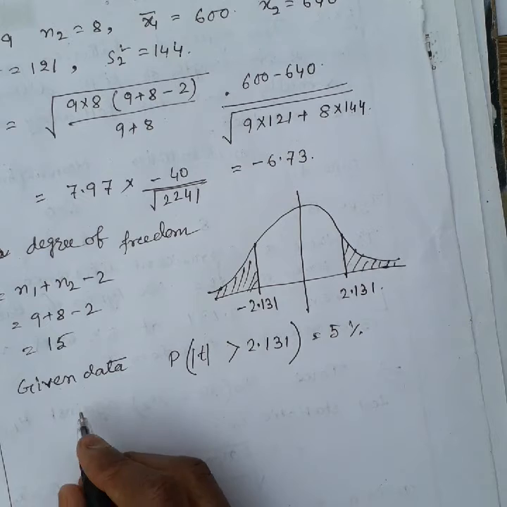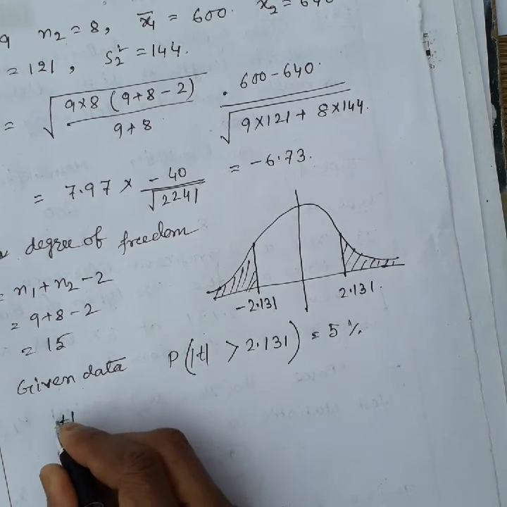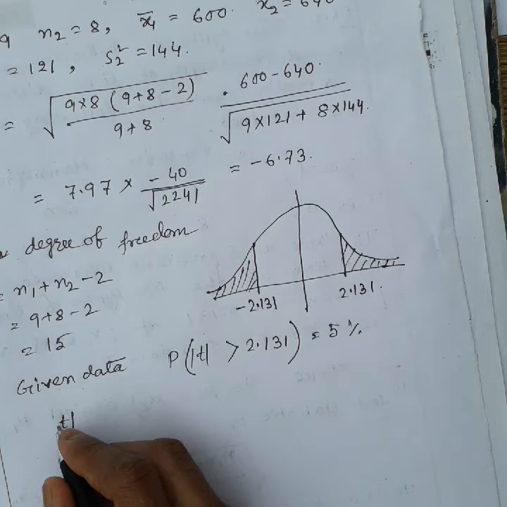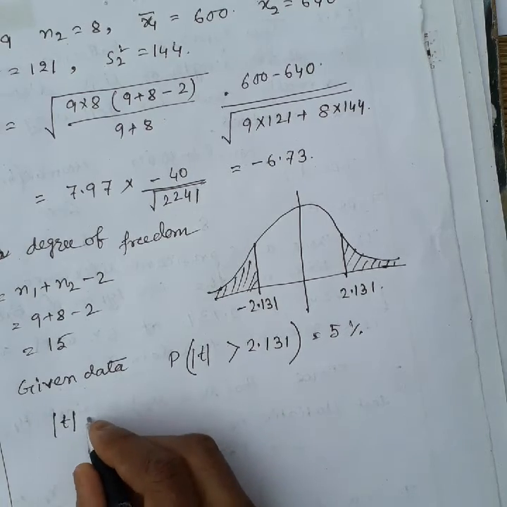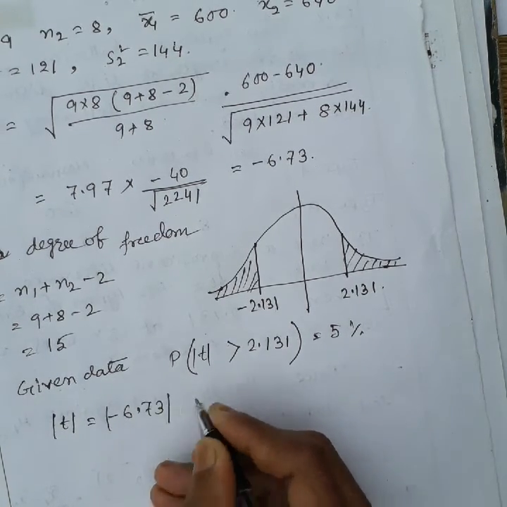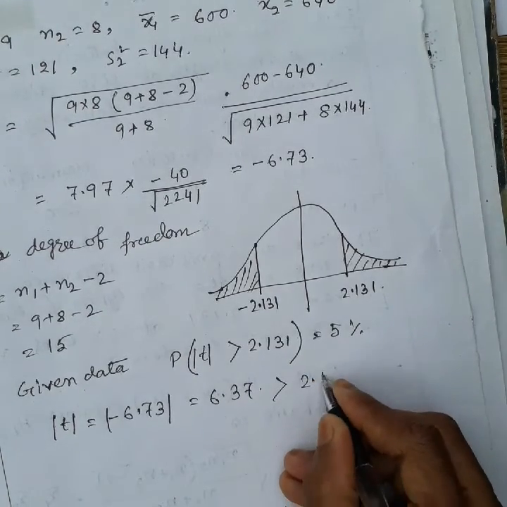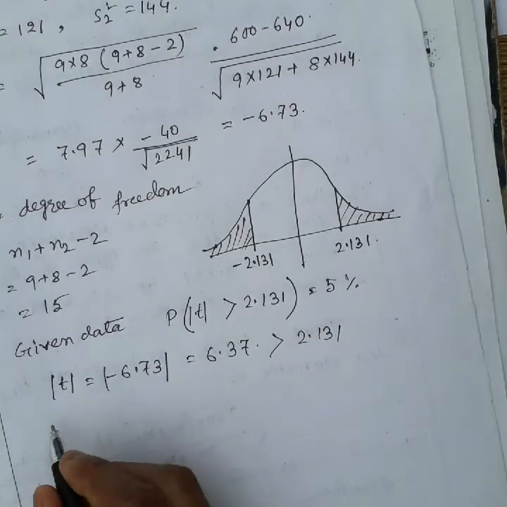And the computed value, modulus of t is equal to modulus of minus 6.73, that is 6.73, which is greater than 2.131.